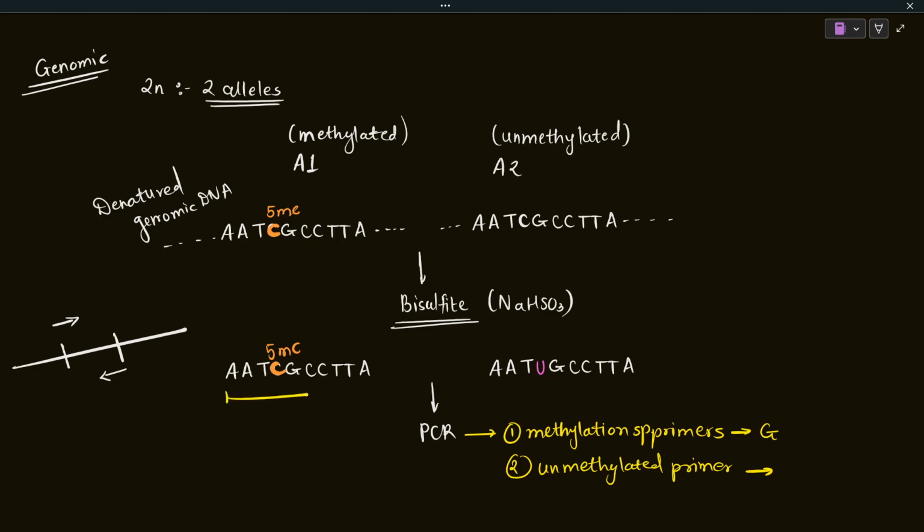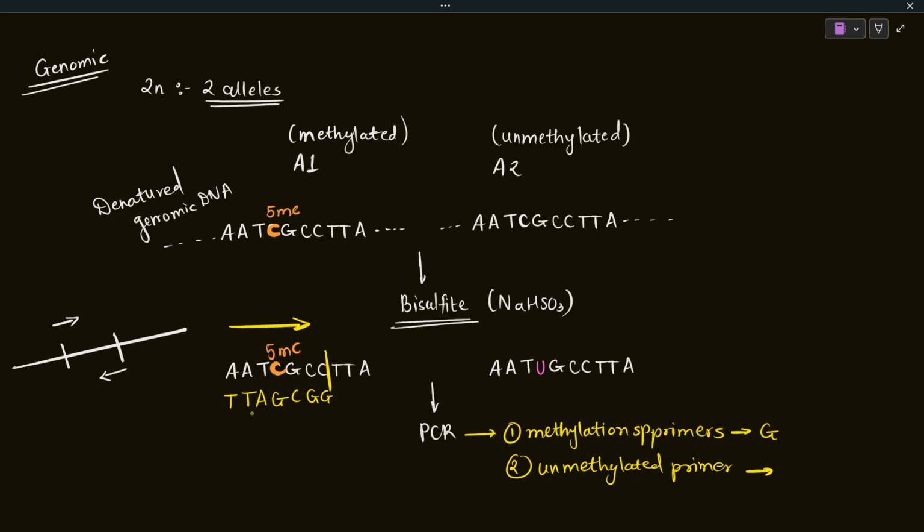Assume that this is the primer here, and you're designing a forward primer for this sequence until C. While designing it, it will be complementary, right? So you will design it like T T A, and instead of C, you will have G C G G.